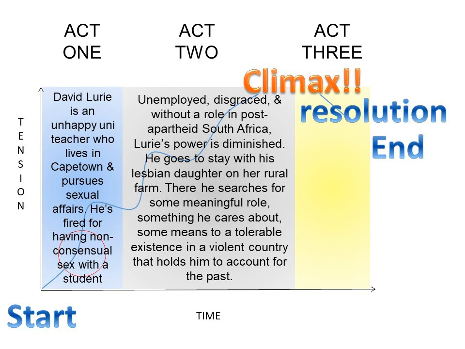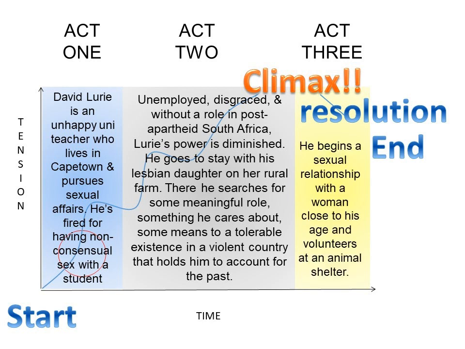There he searches for some meaningful role, something he cares about, some means to a tolerable existence in a violent country that holds him to account for his past. And then in Act 3, he begins a sexual relationship with a woman close to his age and volunteers at an animal shelter. So there's some suggestion at the end that he's finding some accommodation to his circumstances.